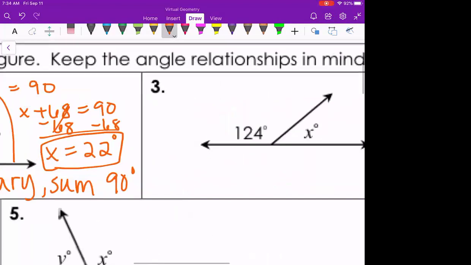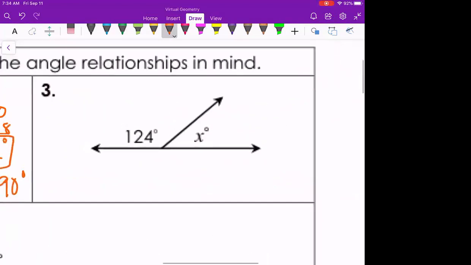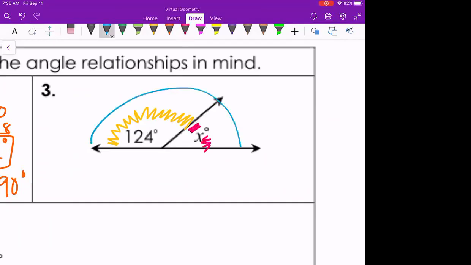Okay, moving right along. All right, so this time I've got two angles going on. So let's see what's special. All right, so I've got 124 for my big obtuse, and my x completes the rest of it. And guess what? Together, the two make 180, which means they're supplementary.